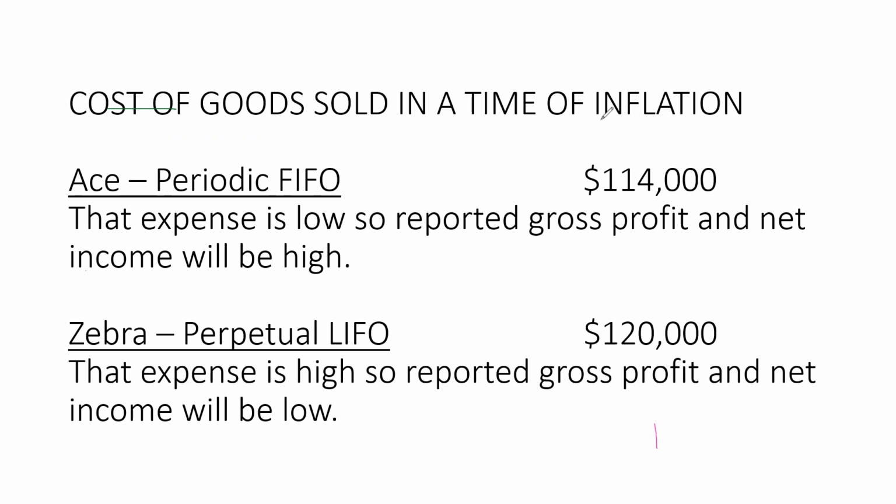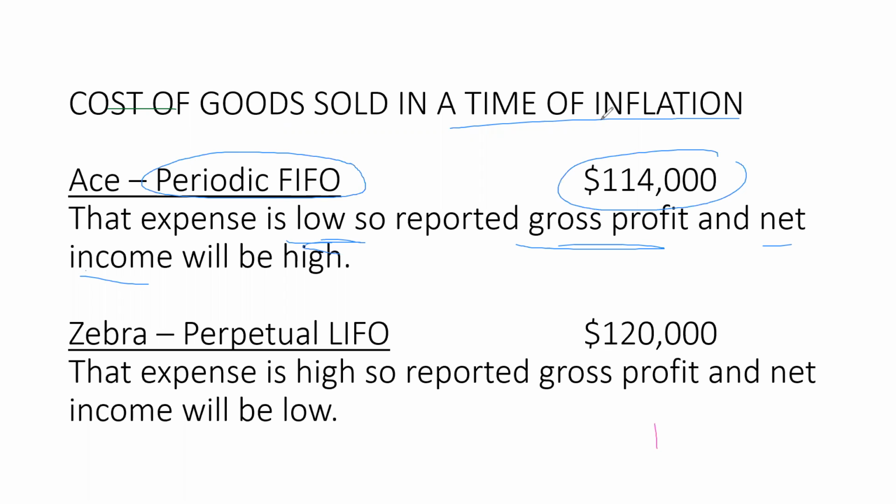And notice, I wanted to make sure you saw this. This is inflation, so this would be what you would tend to believe. Ace Company uses periodic FIFO, beginning inventory plus purchases less ending inventory, and we use FIFO to determine the cost of the ending inventory. Cost of goods sold is 114,000.